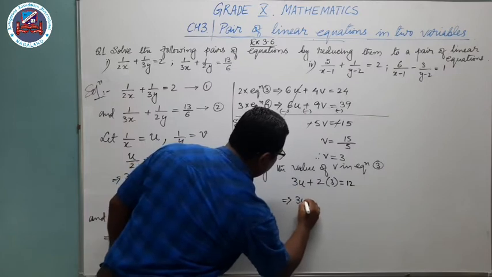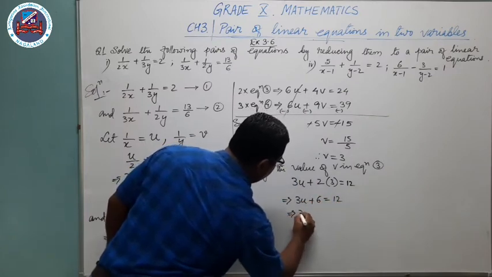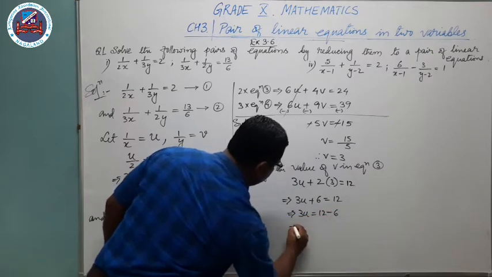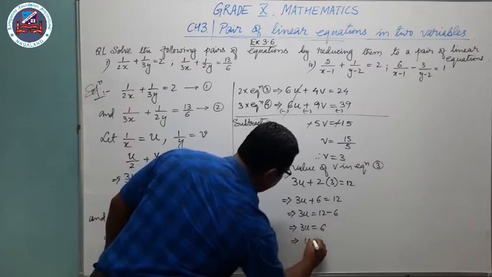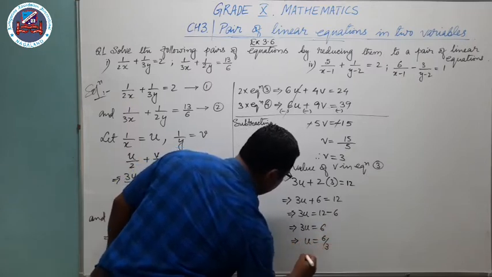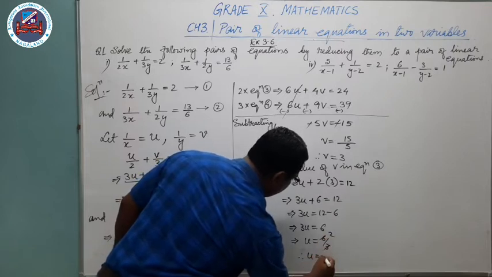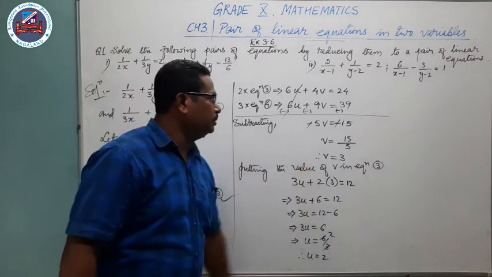So 3u plus 3 2s are 6 equal to 12. 3u is equal to 12 minus 6. 3u is equal to 6. u is equal to 6 by 3. Therefore, u is equal to 2. u is equal to 2 and v is equal to 3.